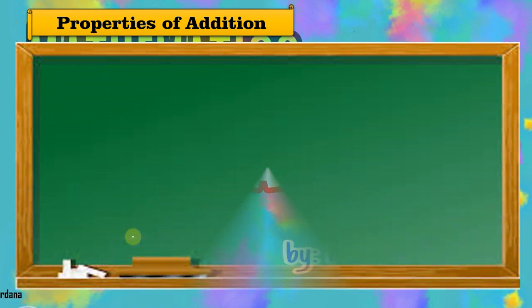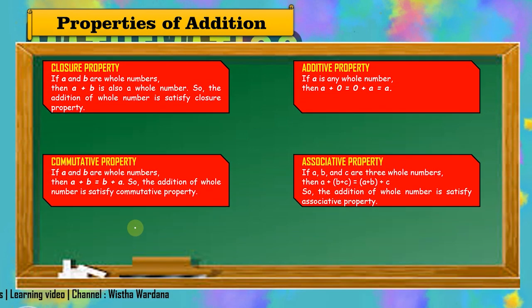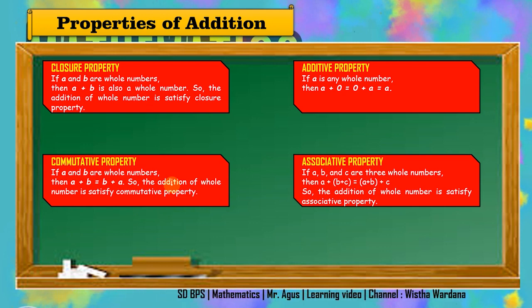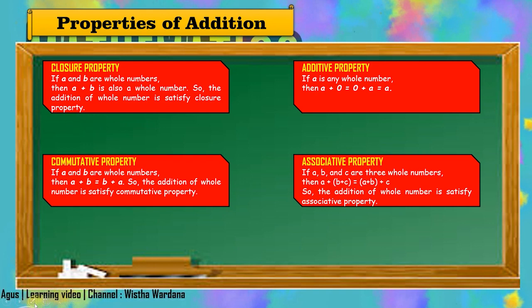Start from properties of addition. So in properties of addition, there are 4 properties which are satisfied with addition of whole number. Start from the first one, we got the closure property.